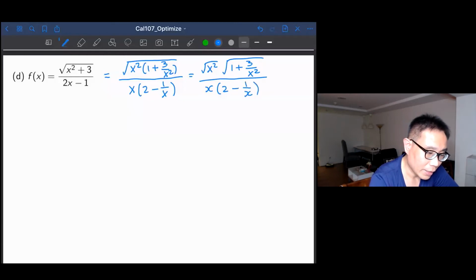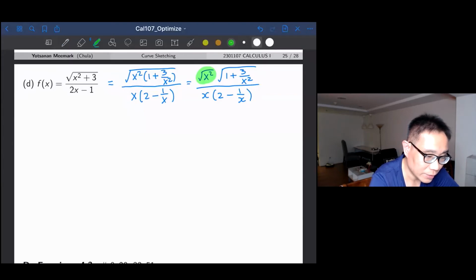And I told you before that the square root of x squared is equal to the absolute value of x. So this will be the absolute value of x times the square root of 1 plus 3 over x squared, and you have x times 2 minus 1 over x.